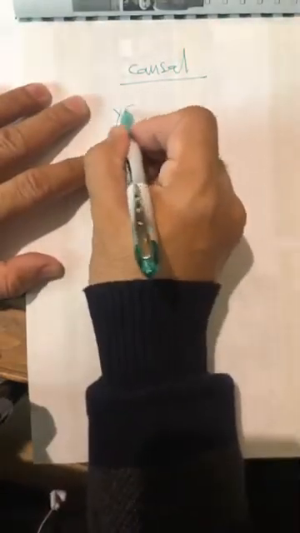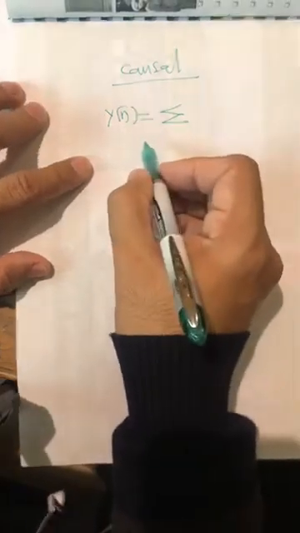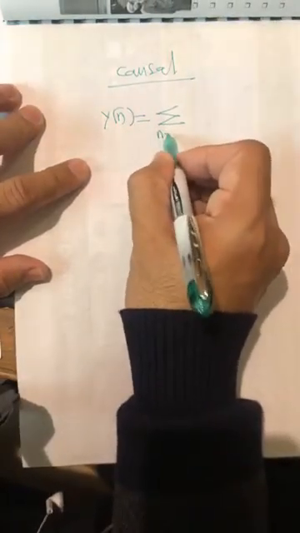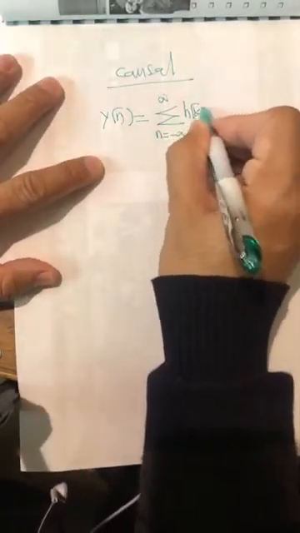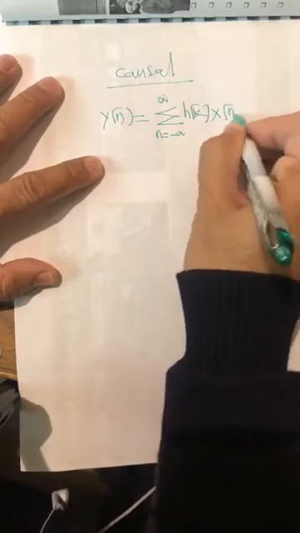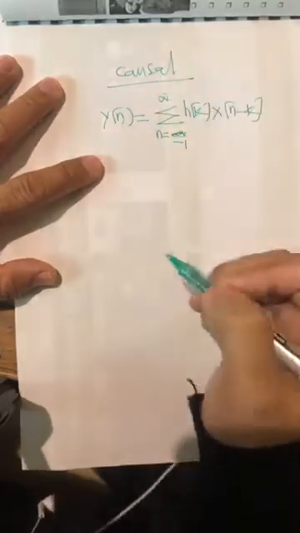Remember what causality is. Our y of n is the sum for k going from -infinity to infinity of h of k, x of n minus k. Let's say it only runs from -1 to 0.